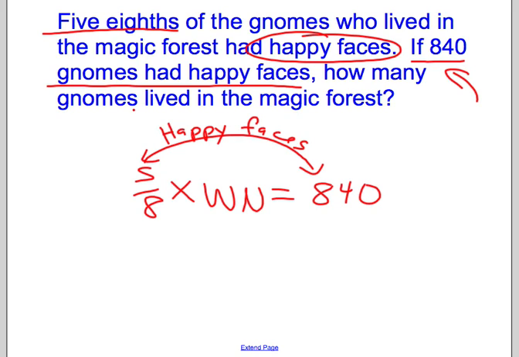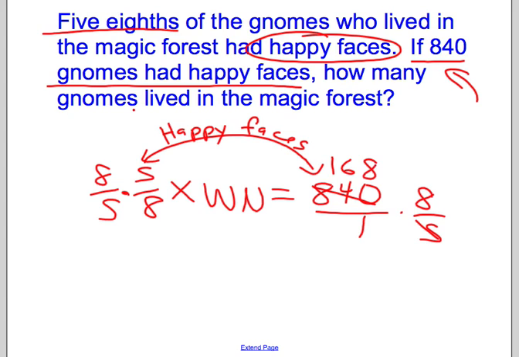We've seen this before. 5/8 times a variable equals some number. We're going to put 840 over 1 and multiply by the reciprocal of 5/8, which is 8/5. 5 and 840 will reduce to 168, I think.